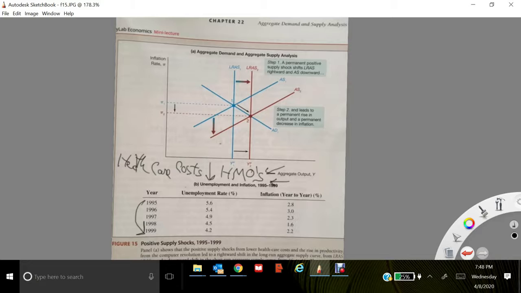The other thing that's going on here is, of course, the computer revolution, okay? Really starts to take hold in the late 90s, okay? That just amazing increase of productivity, and you think of Windows 95.